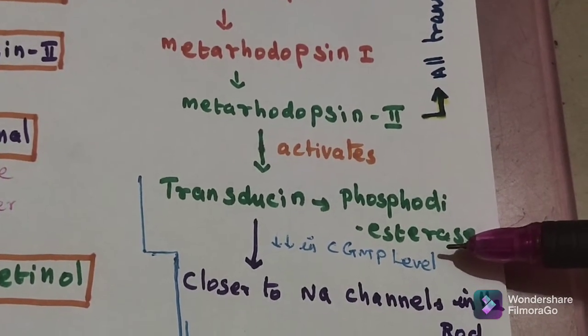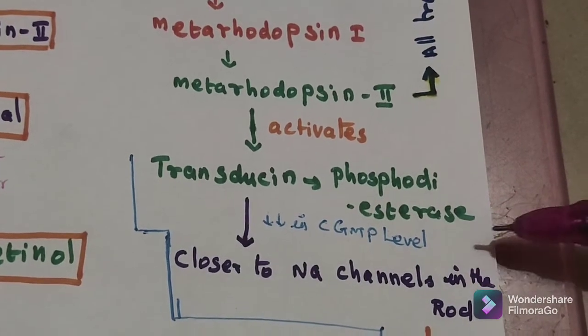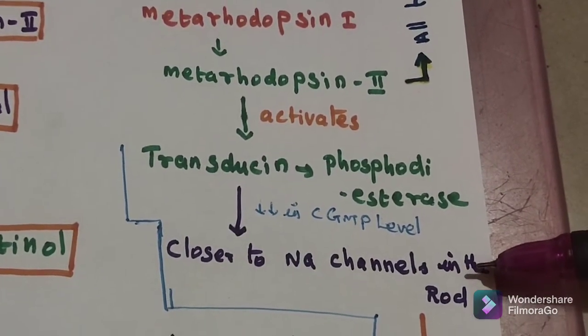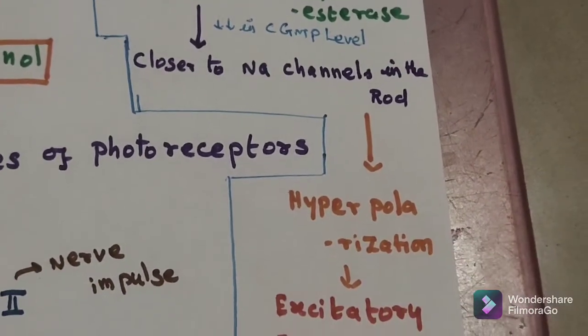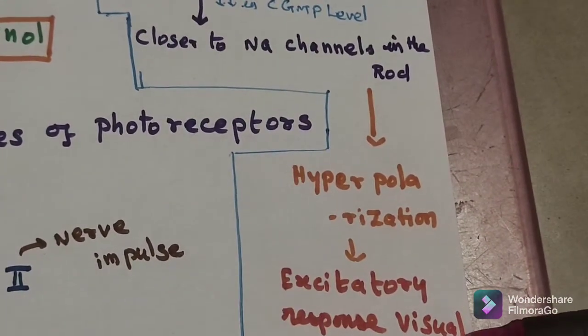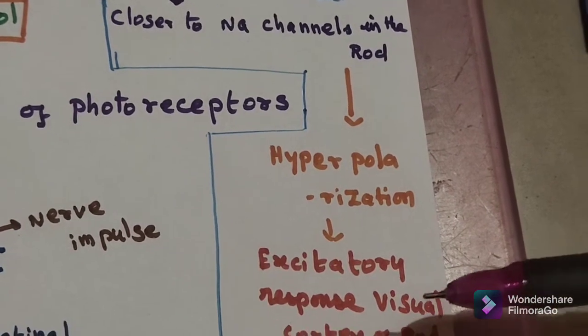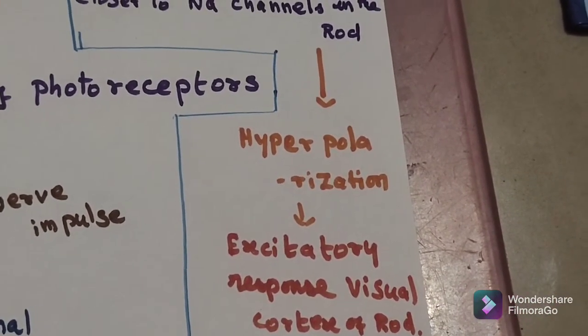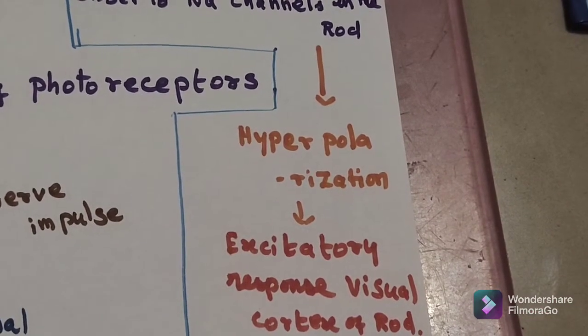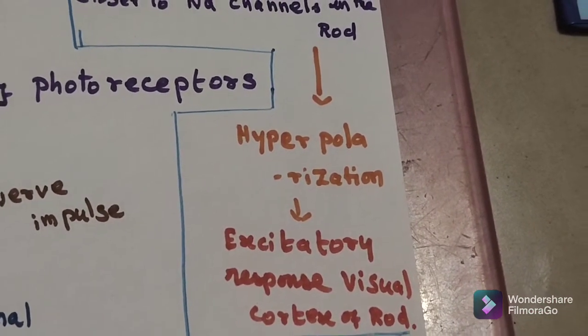This leads to closure of sodium channels in the rod. So it leads to hyperpolarization and an excitatory response to the visual cortex from the rod. This is how rods are important in maintenance of vision.